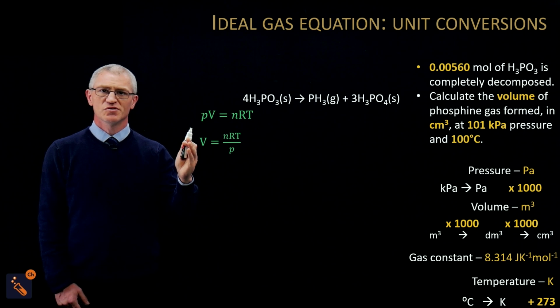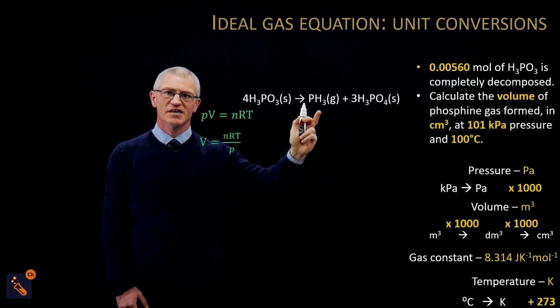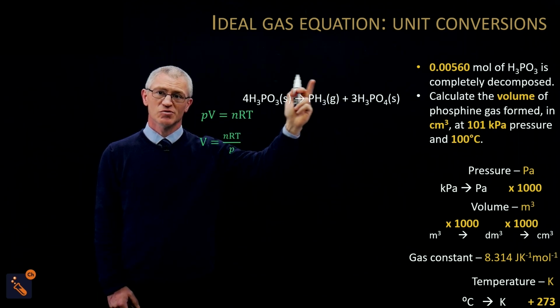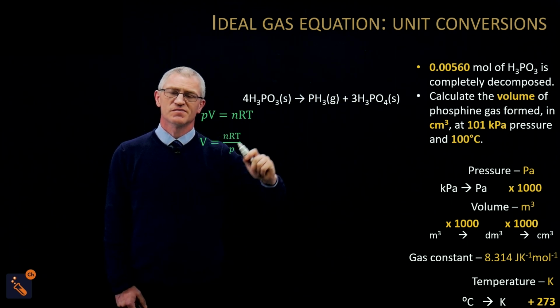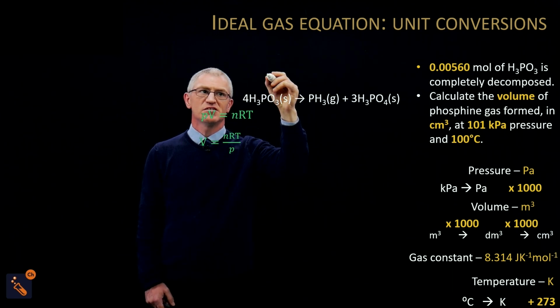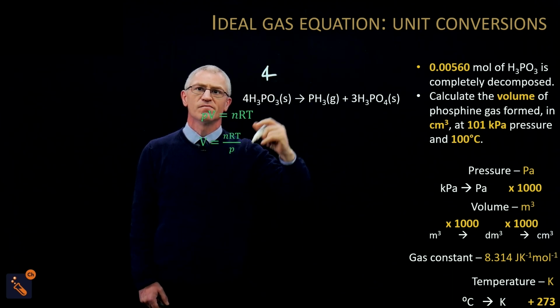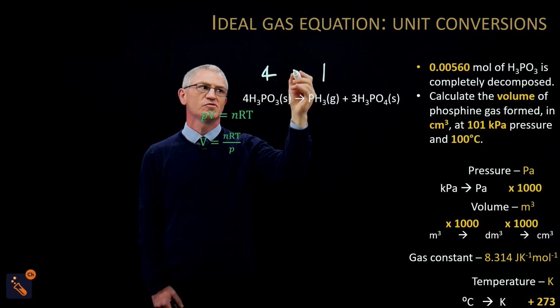We have 0.00560 moles of H3PO3. So this is this here. And we are making pH3, which is what we want to calculate the volume of, and phosphoric acid. Now the important thing here, when you look at it, is the ratio is 4 to 1.